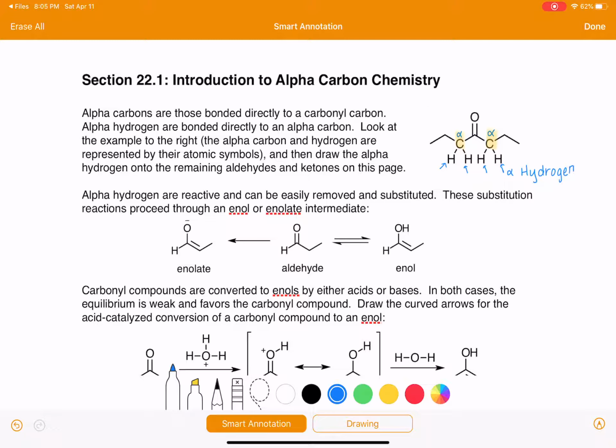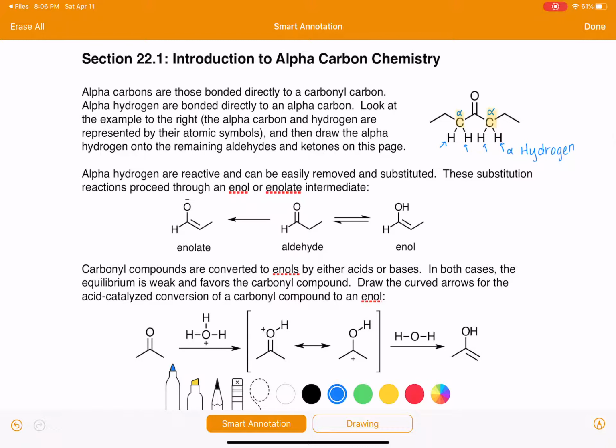So the reactions that we're going to study in chapter 22 have to do with doing substitutions at the alpha site, deprotonation at the alpha site, things like that. And on this first worksheet, we're just looking generically at the reactivity of these alpha hydrogens and alpha carbons.